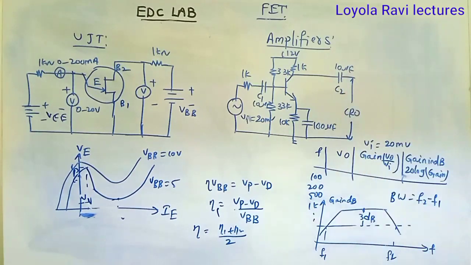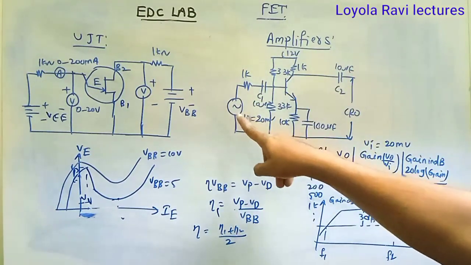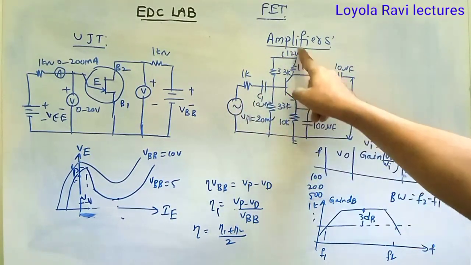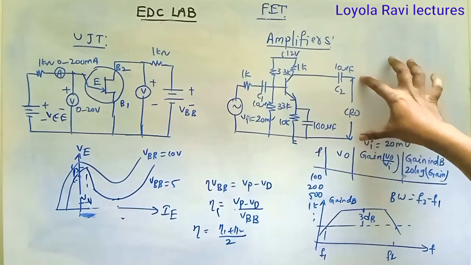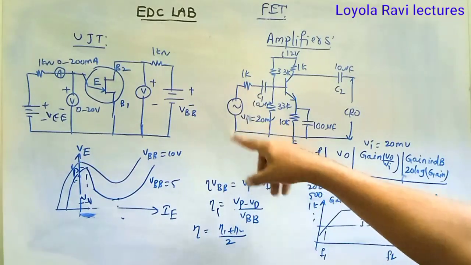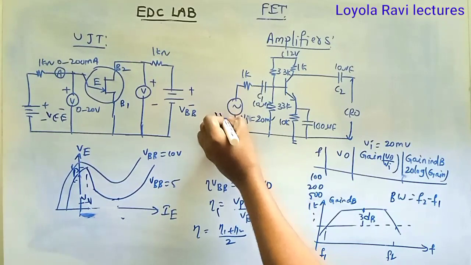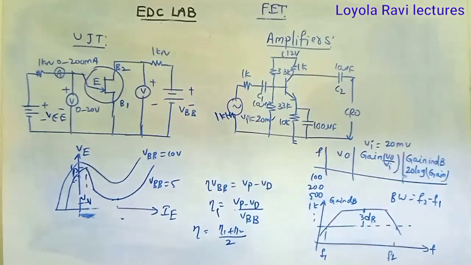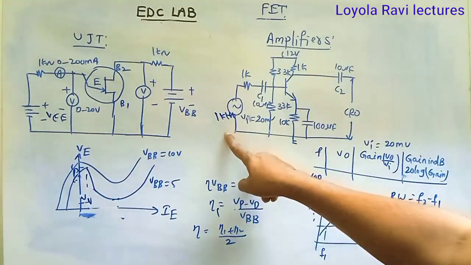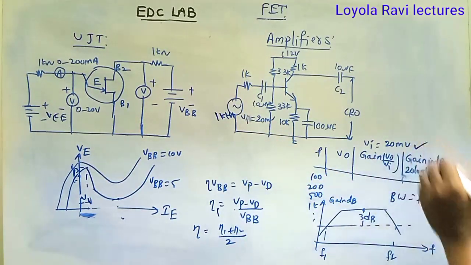Then go for amplifiers. So this is the CE amplifier circuit. Here we are connecting function generator, RPS, and output to the CRO. Before that, from the function generator, directly we can connect to the CRO and give a sinusoidal signal, and it may be 20 millivolts input at 1 kHz frequency.